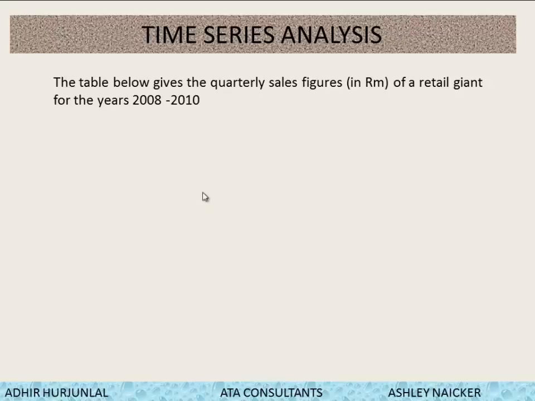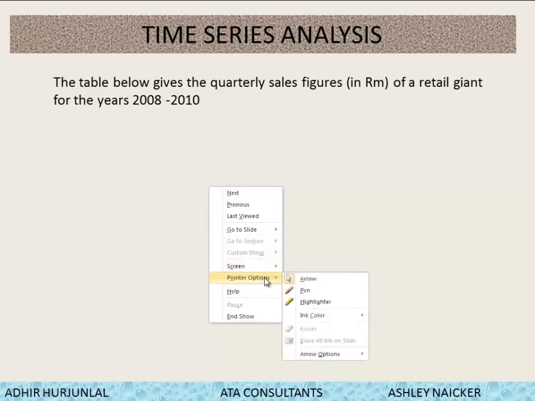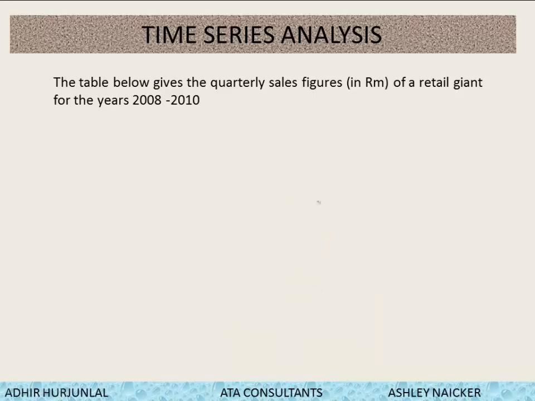When I come across time series analysis, the question that I'm going to be dealing with here is one that has appeared in some examinations in the past. Let's go for it. It says, the table below gives the quarterly sales figures in millions of rands of a retail giant for the years 2008 to 2010.